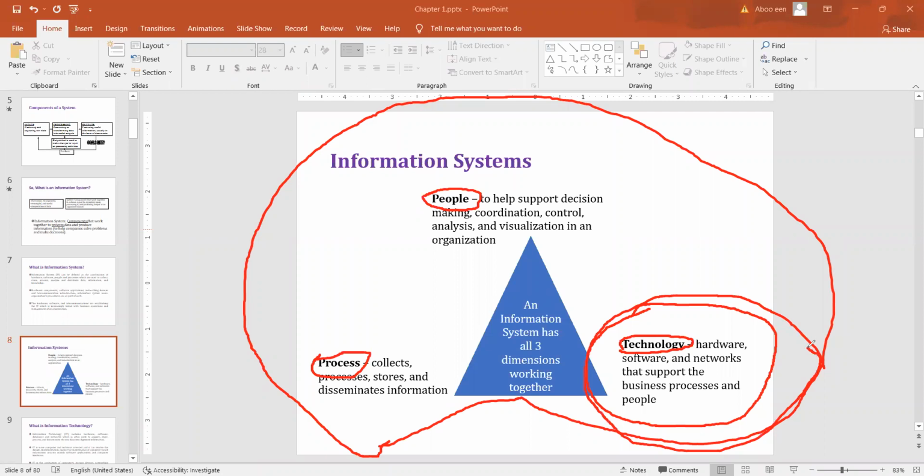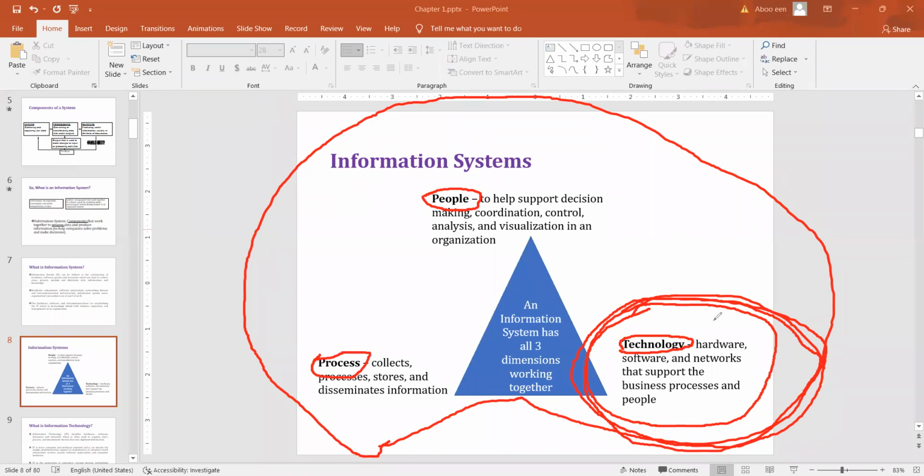Good idea. Yes, sir. This is information technology. Information technology focuses only on the technical aspect, such as hardware, software, networking related devices, their operation, their functions. That's all. Or we may say information technology focuses only on the technical foundations.